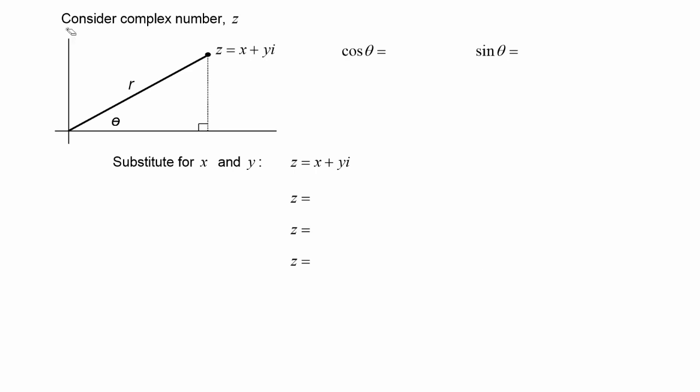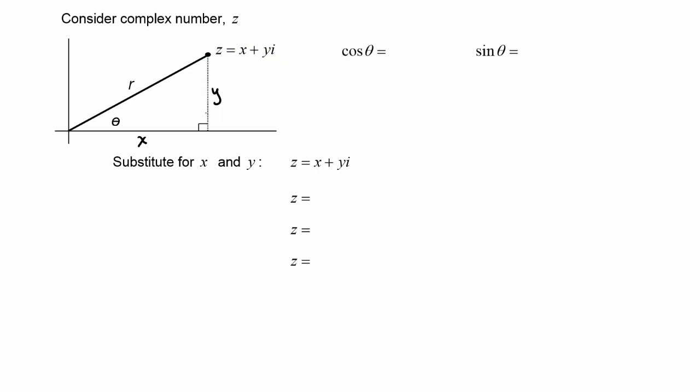Now let's consider complex number z, which we have graphed here. z is equal to x plus yi, so we know that means this horizontal distance here is x, and this vertical distance here is y.